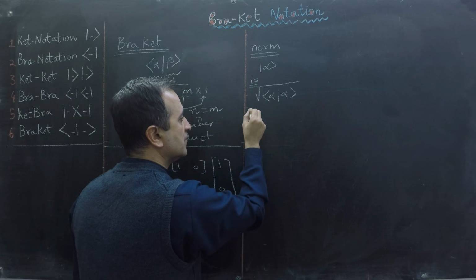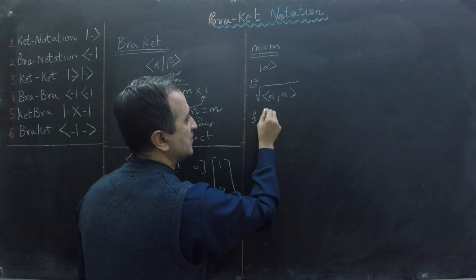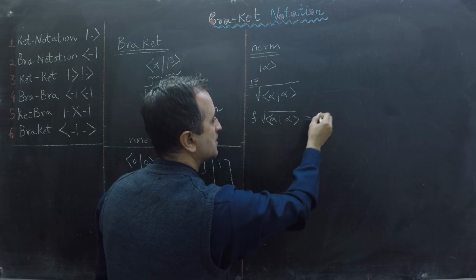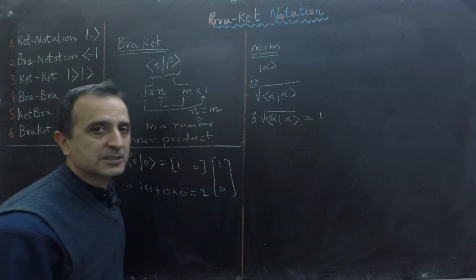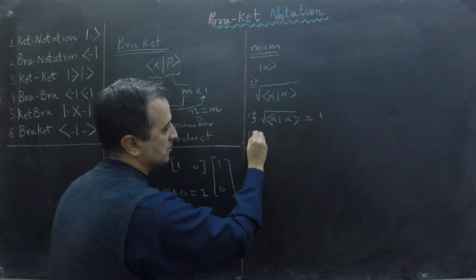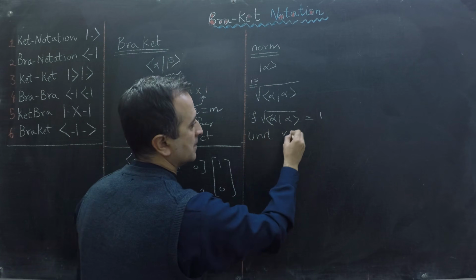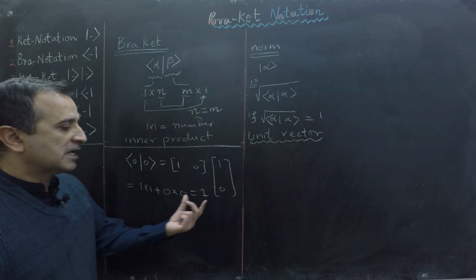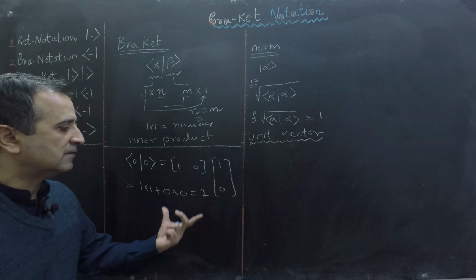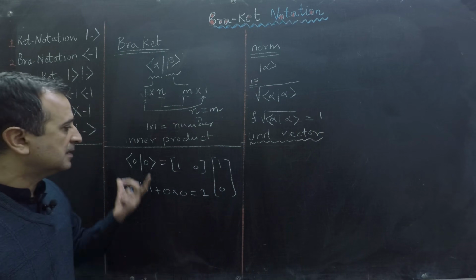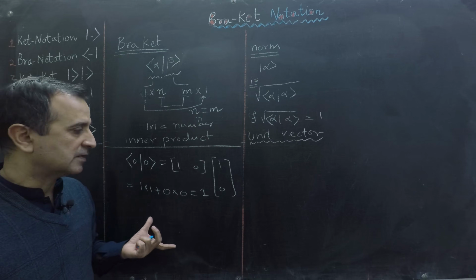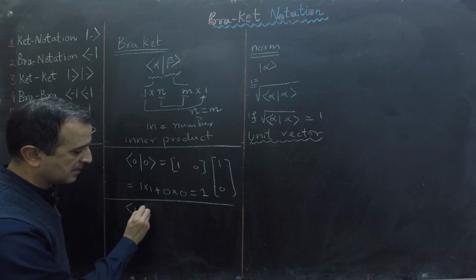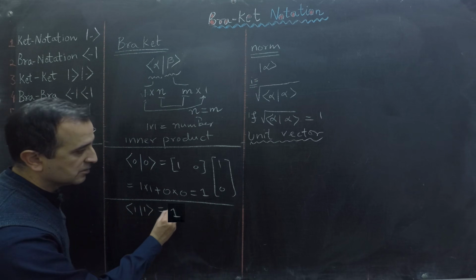And if the norm of a vector is equal to 1, then such a vector is called a unit vector. Because the square root of 1 is equal to 1, we have shown here that ket 0 is a unit vector. Similarly, ket 1 is also a unit vector.